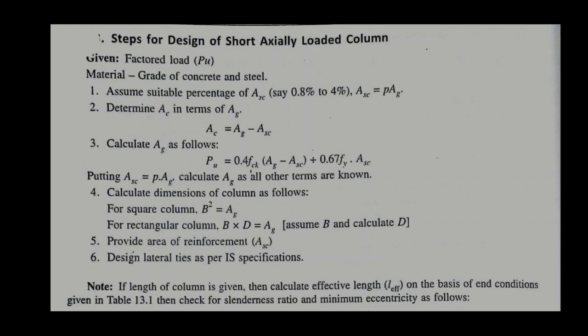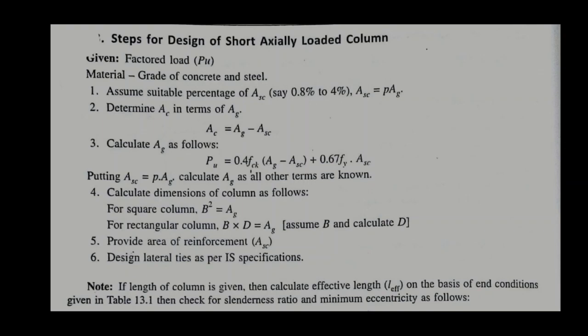So from this equation, which is given in 39.3, Pu equals 0.4 fck within bracket Ag minus Asc, that means Ac, plus 0.67 fy into Asc. So we can write it, right? Now putting Asc equals p into Ag, we can calculate Ag as all other terms are known.